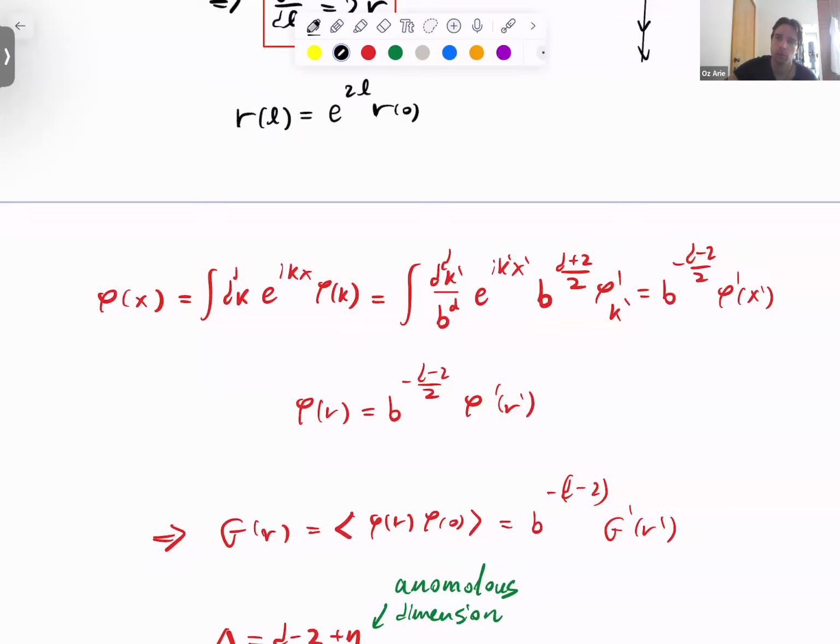In this specific case, in a phi to the fourth field theory, r is what we typically call the tuning parameter, because it tunes us between positive and negative mass. As you know, negative mass is like an instability in the Ginzburg-Landau theory, and positive mass is stable. So you can think of r as a tuning parameter between two phases, and the tuning parameter in phase transitions is generically always relevant.